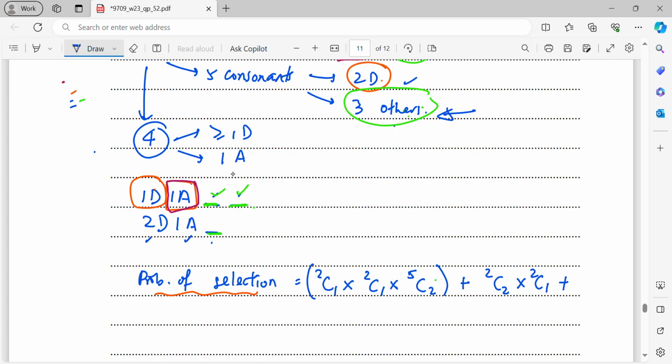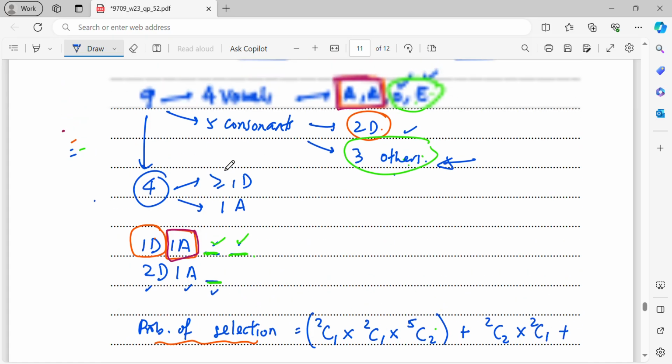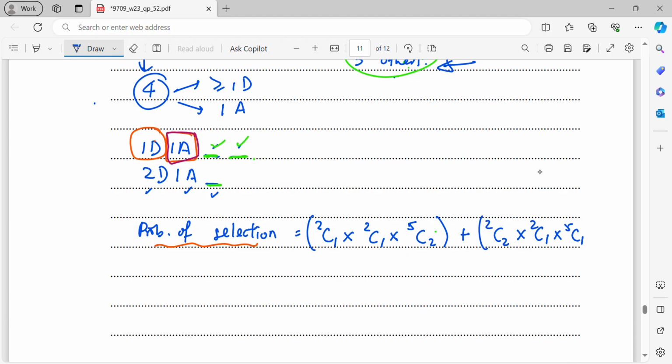And I need 1 from the 5 choices. Therefore I will be getting all this number of selections over the number of selections without restriction.